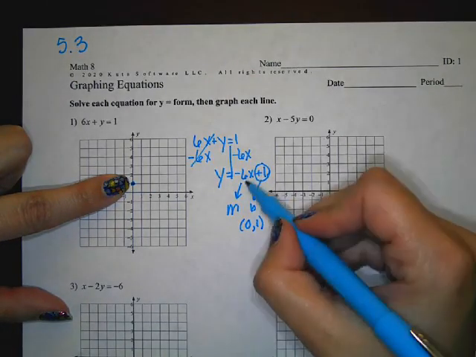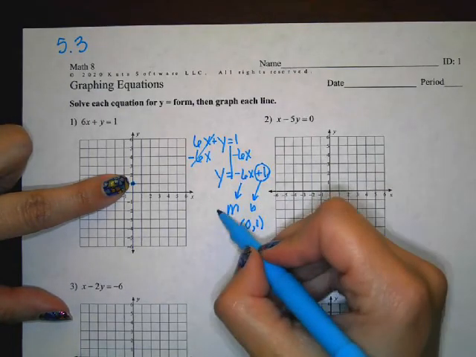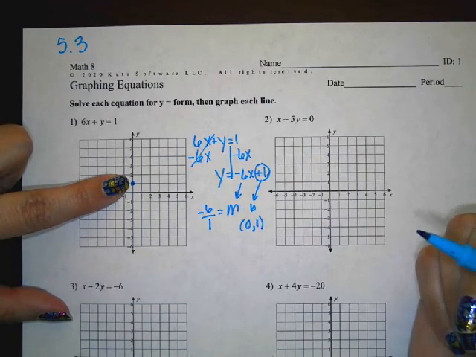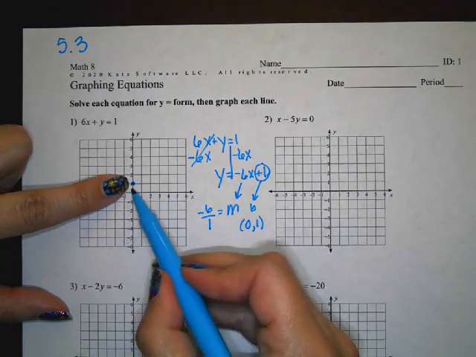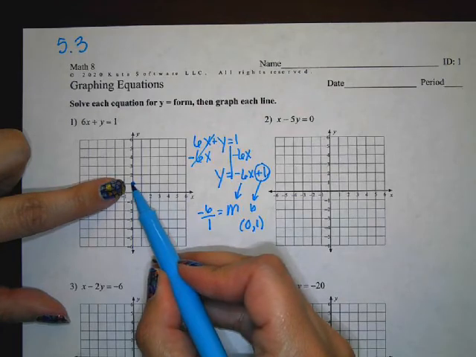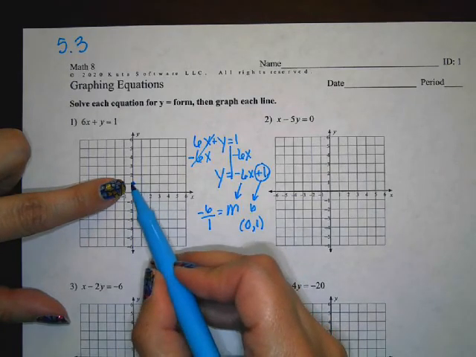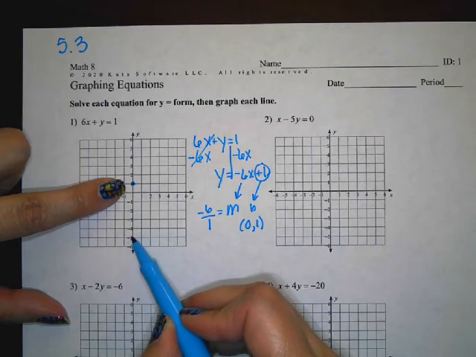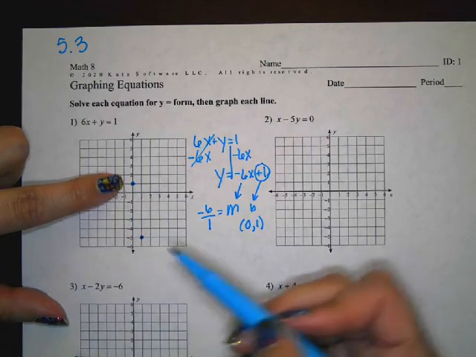My slope is negative 6, or I can rewrite that as negative 6 over 1. If it's negative 6 over 1, I'm going to go down 6 because it's rise over run. Rise is up and down, and it's negative. So 1, 2, 3, 4, 5, 6, and over 1 would be my second point.